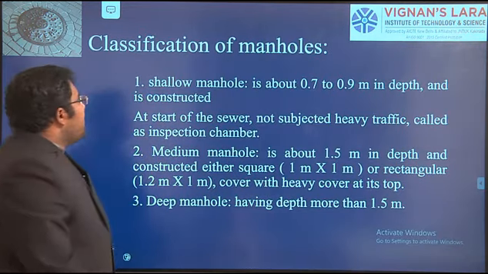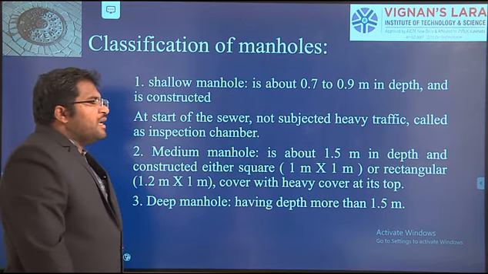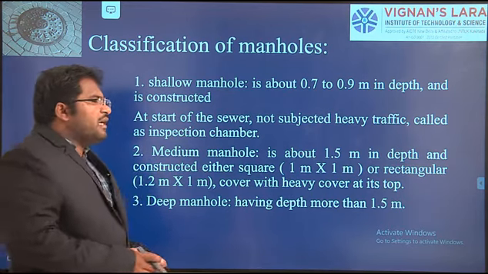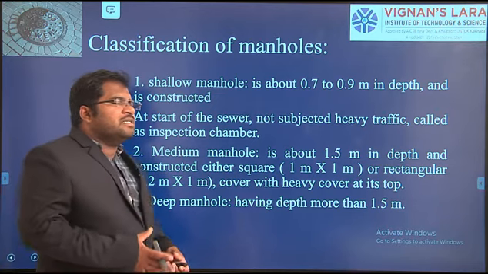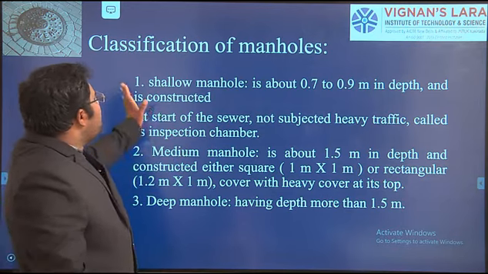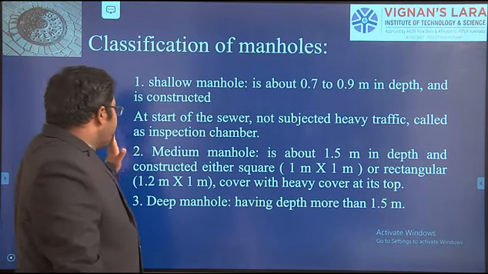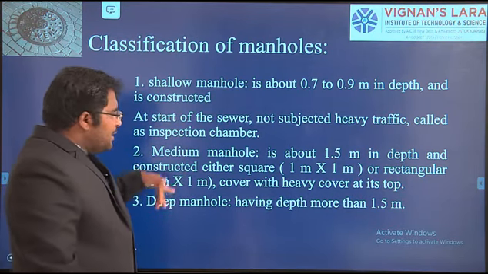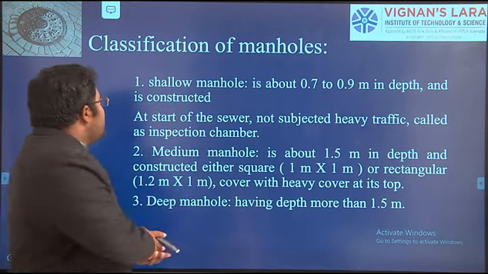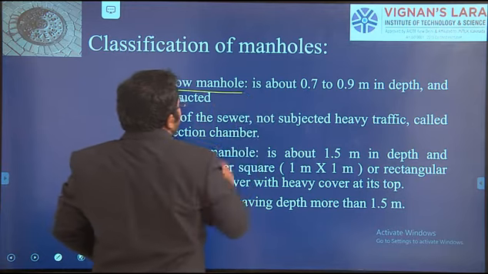Now next, classification of manholes. The classification of manholes is based on the depth from the ground level where it is located. If it is at a lower depth, it is called a shallow manhole; in between is medium; and at a greater depth it is called a deep manhole. The first classification is the shallow manhole.